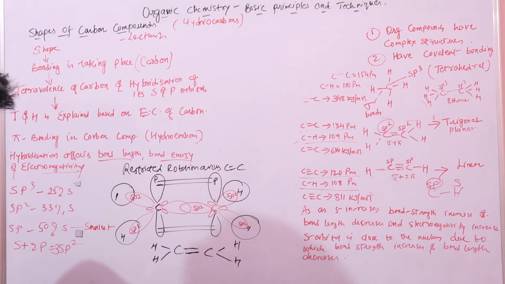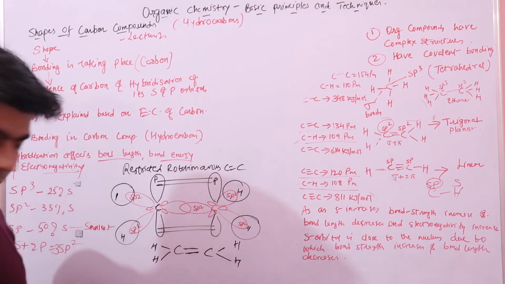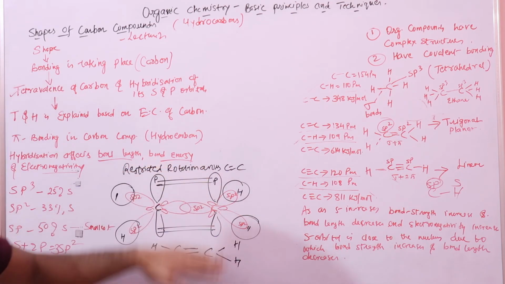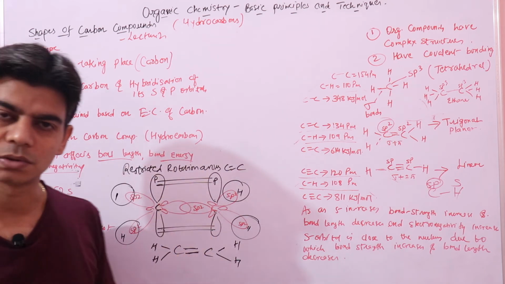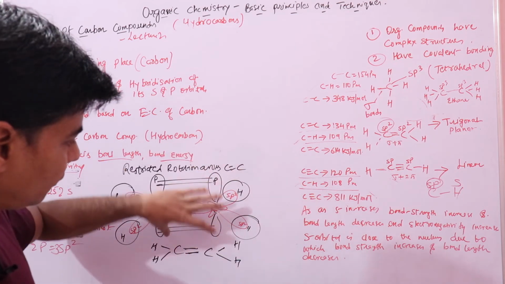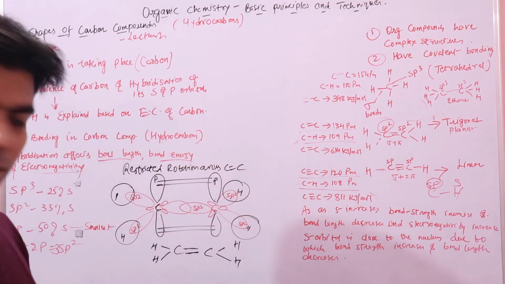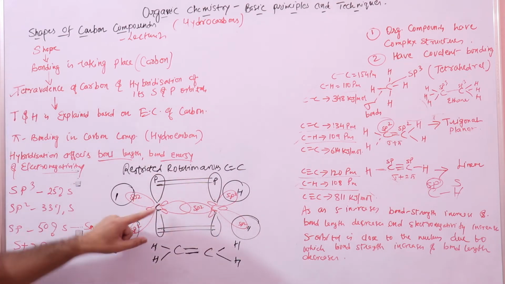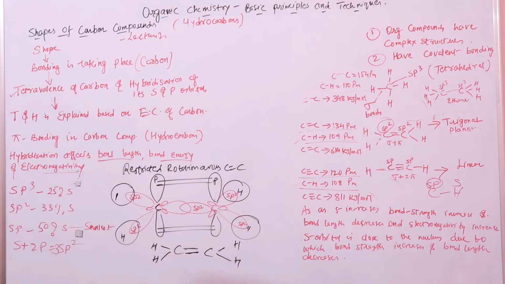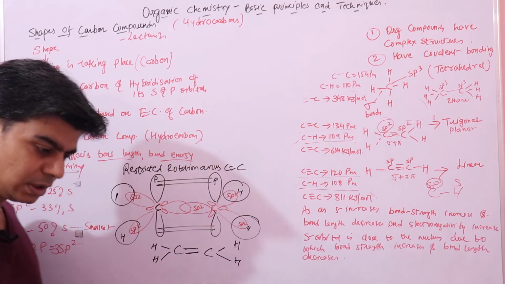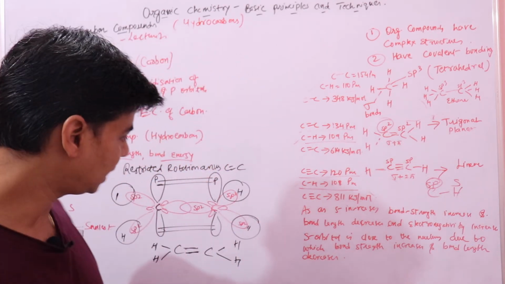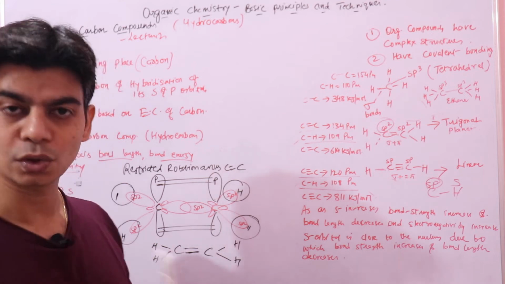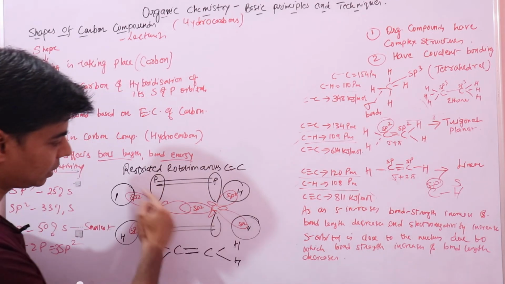Due to this, a reagent can easily attack the ethene molecule, because of the availability of pi electrons above and below the plane of this bond. There are good chances that a reagent looking for electrons will attack. There are reagents that attack electron-rich sites, that have high electron density.